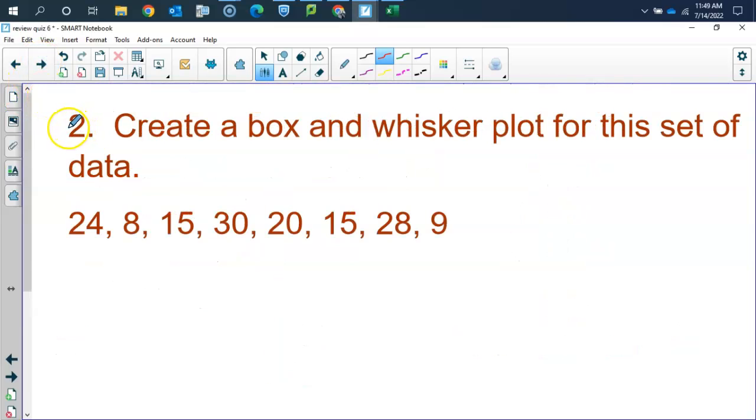All right, number 2, we are going to create a box and whisker plot for this set of data.